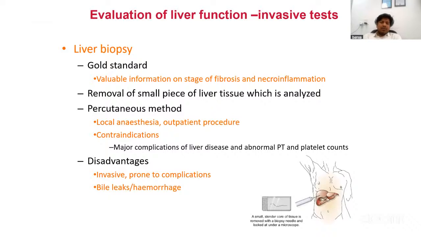Liver biopsy is the gold standard, but it has a drawback in the form of an invasive procedure, can lead to bleeding, perforation. So it is generally contraindicated in major complications of liver disease and abnormal PT and platelet count. Disadvantages like invasive, prone to complication, biliary hemorrhage.